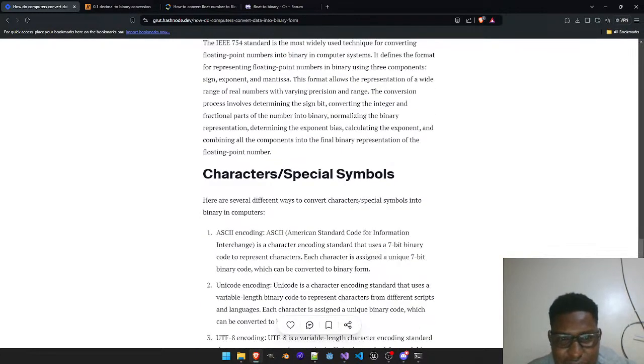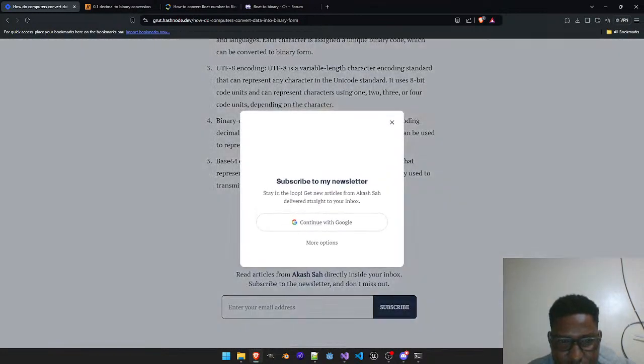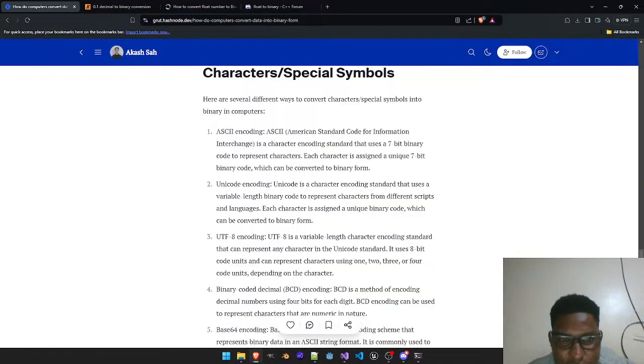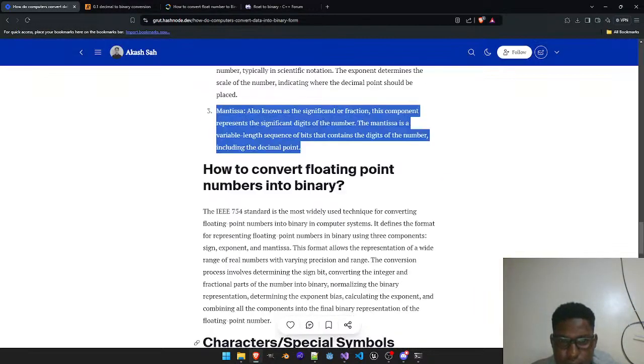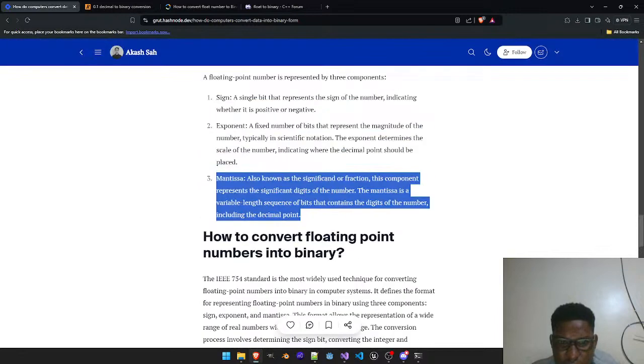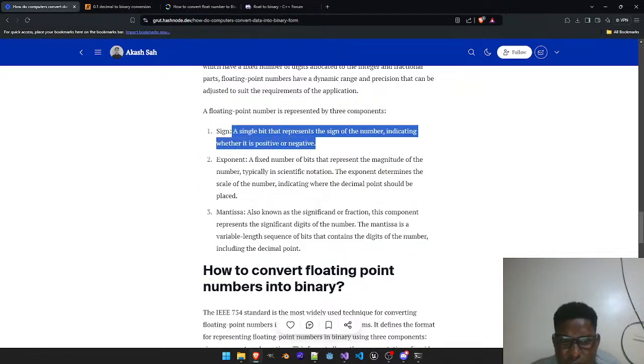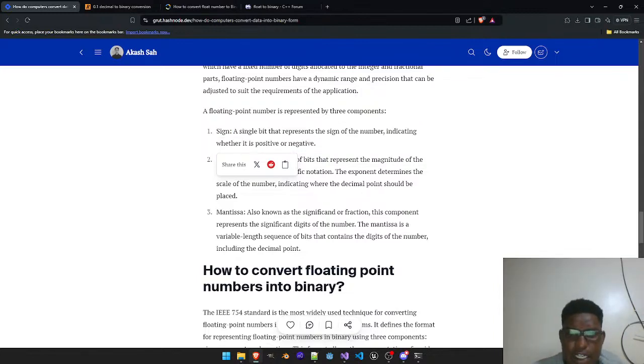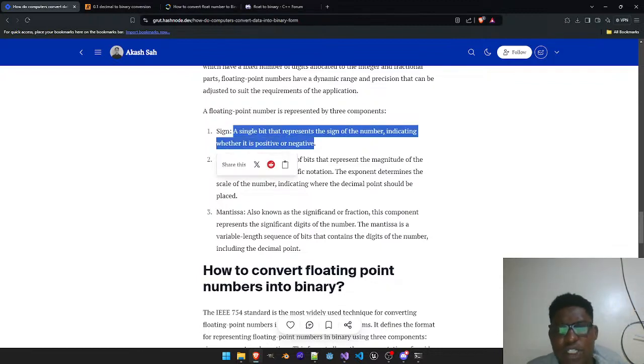That's a lot of jargon, but maybe we can go to this example. A single bit represents the sign of the number. Having read this a little bit, I think I can get an explanation.